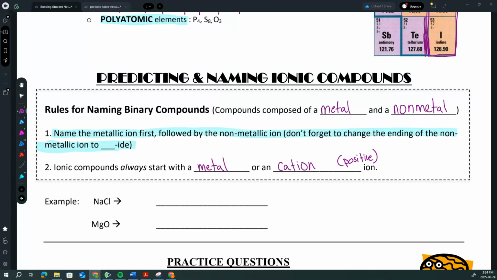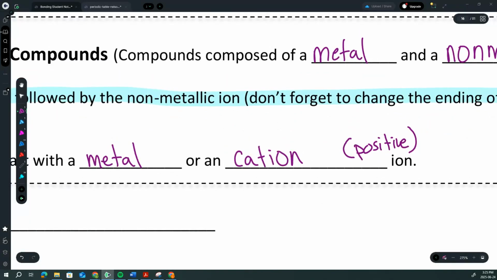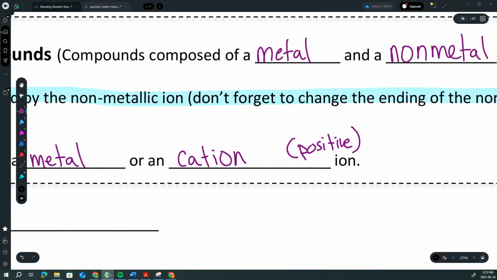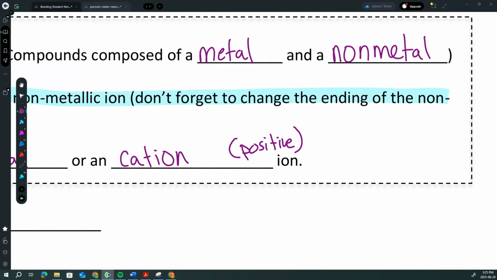The reason it says a metal or a cation is because most of the time your ionic compound will start with a metal. However, there is an exception where you can have an ionic compound that starts with ammonium, which is NH4 1+.